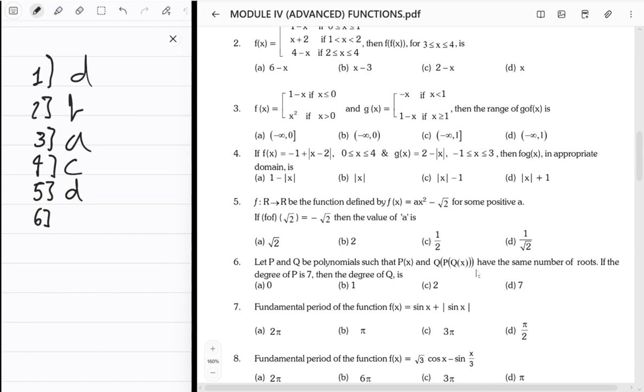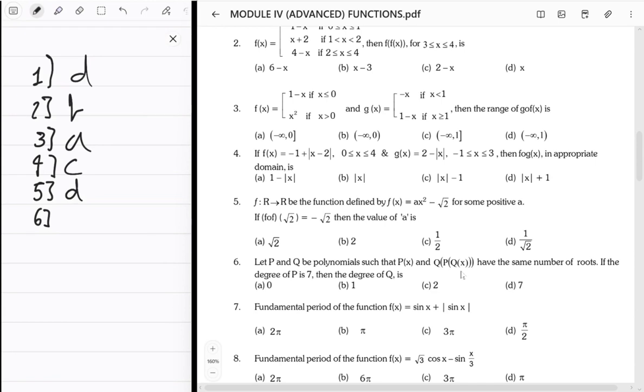And the degree of P is 7. Okay, the degree of Q is. You should have at least 7 roots, right? At least 7 real roots. Q should have. So, wait, no. The roots of this guy are very different from that. Okay, this is kind of complicated.